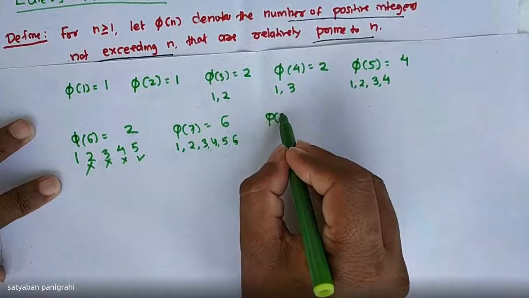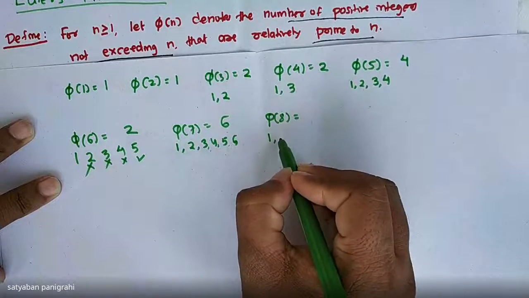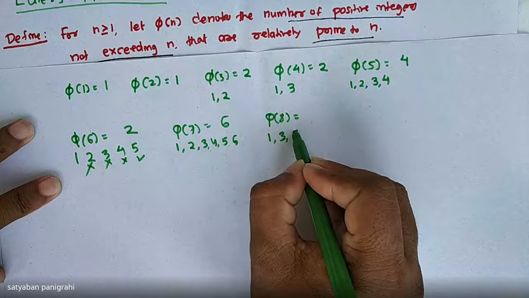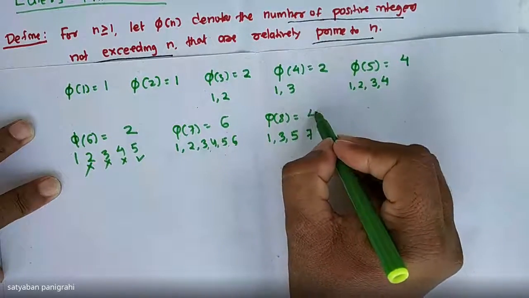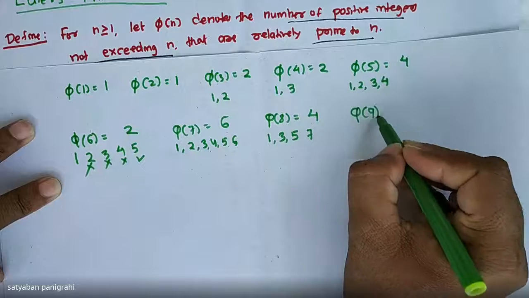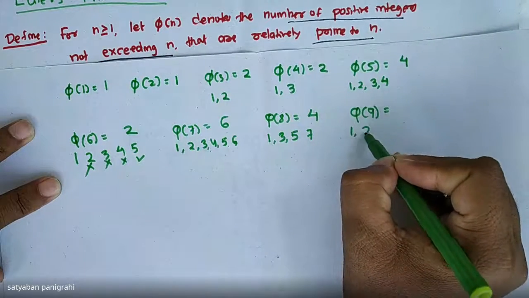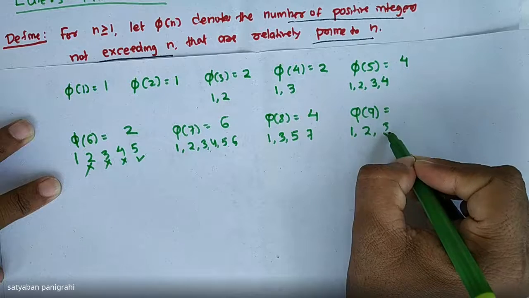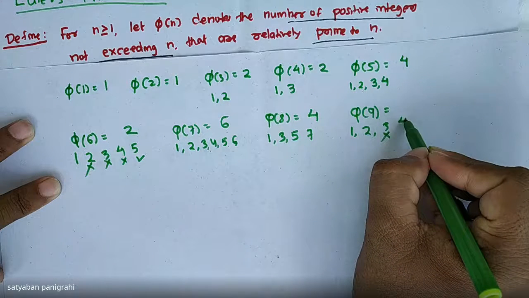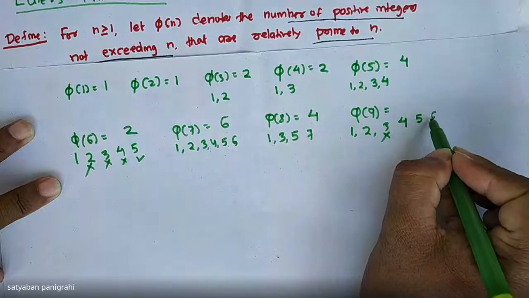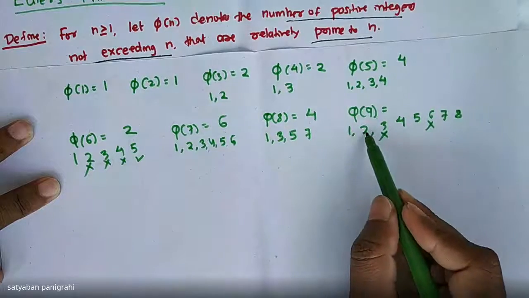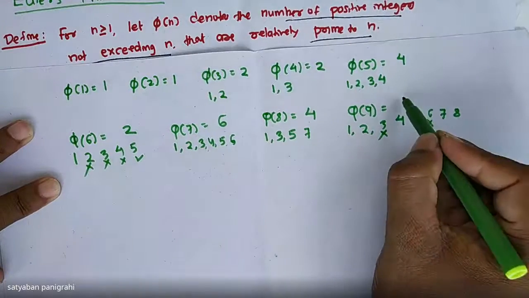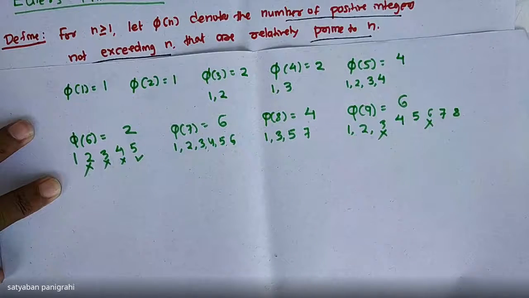We have already computed phi of 8: 1 yes, 2 no, 3 yes, 4 no, 5 yes, 6 no, 7 yes. So phi of 8 equals 4. For phi of 9, we have 1 yes, 2 yes, 3 no, 4 yes, 5 yes, 6 no, 7 yes, 8 yes. Then how many here? 1, 2, 3, 4, 5 and 6. So phi of 9 equals 6.